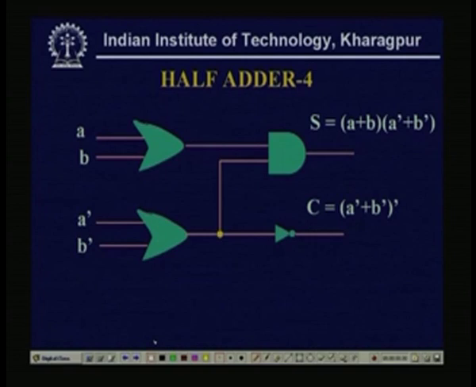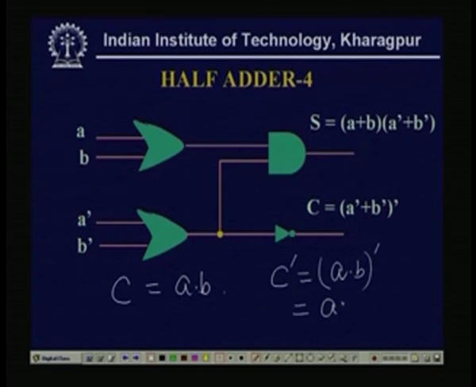The carry was A B. So, if we apply De Morgan's law, then C dash is A dot B dash, and it will be A dash plus B dash.